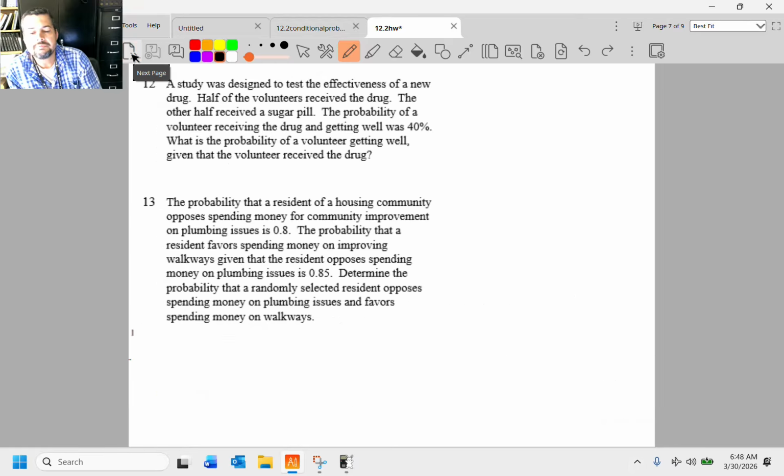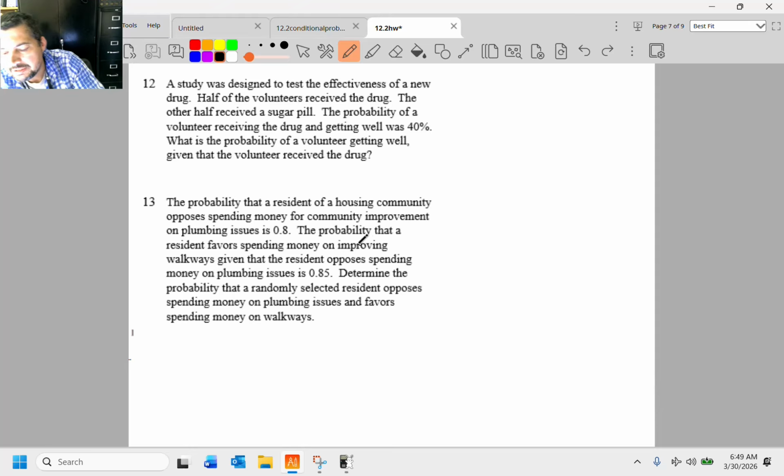Not too bad. All right, the probability that a resident of a housing community opposes spending money for community improvement on plumbing issues is 0.8. The probability that a resident favors spending money on improving walkways given the resident opposes spending money on plumbing issues is 0.85. Determine the probability that a randomly selected resident opposes spending money on plumbing issues and favors spending money on walkways. So what do they give us here?